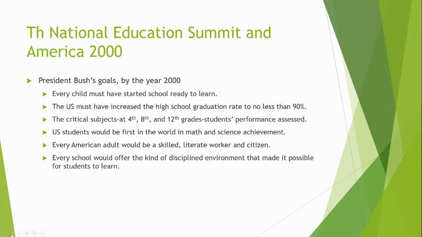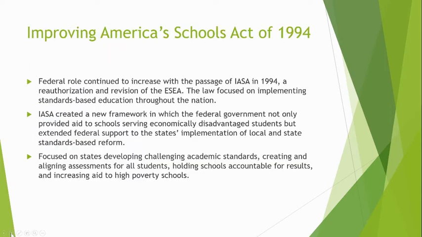But this was important because having this goal at this summit meant that some things were going to change in education. So we have the Improving America's Schools Act of 1994. The federal role continued to increase with the passage of the Improving America's Schools Act of 94, which was a reauthorization of the Elementary and Secondary Education Act. It focused on implementing standards-based education through the nation.